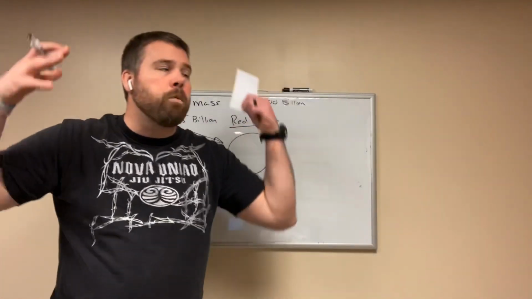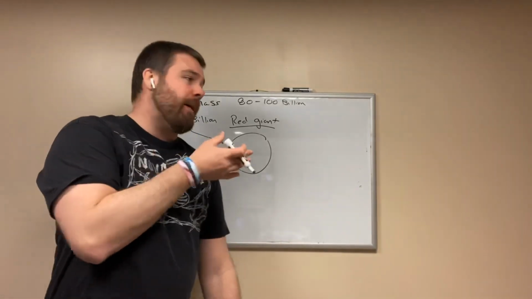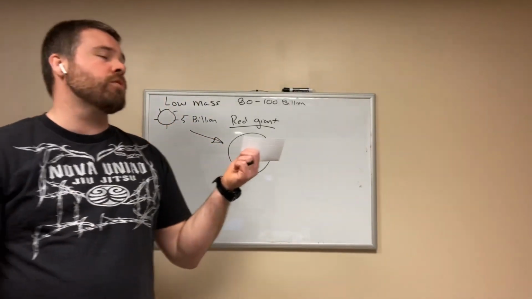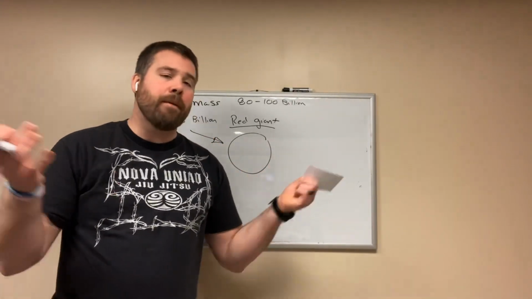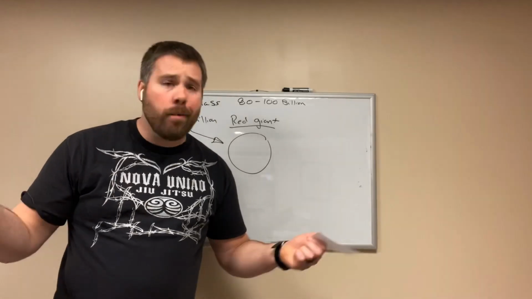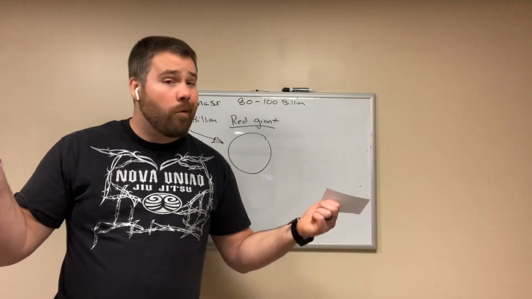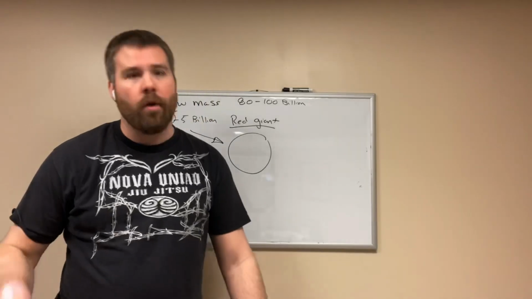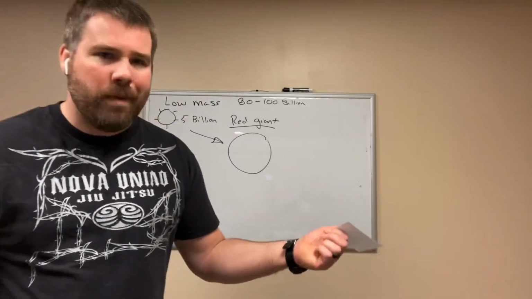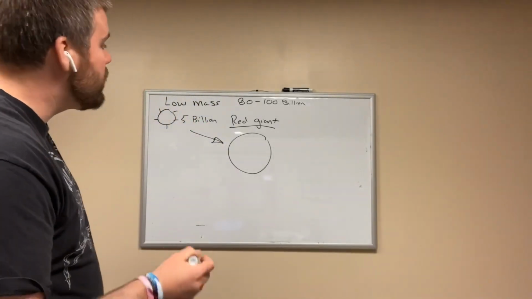When our sun turns into a red giant in about 5 billion years, we'll all be long gone, and that star will actually consume the first three planets, Mercury, Venus, and Earth. So we'll be fine anyways.